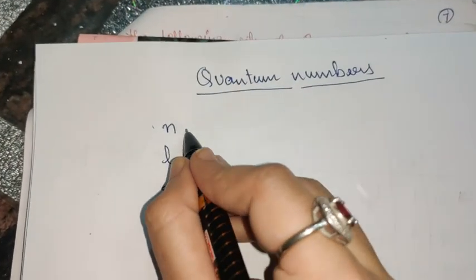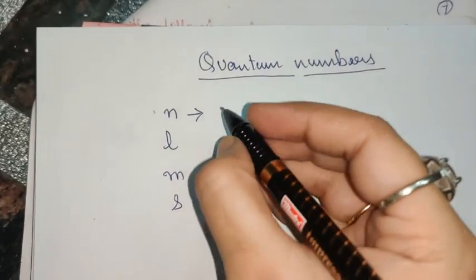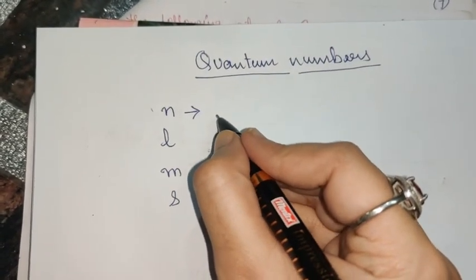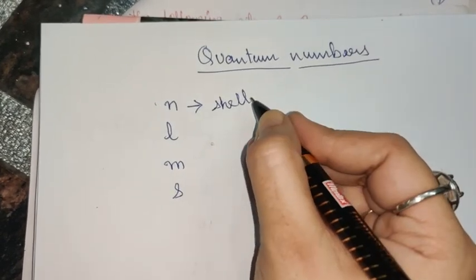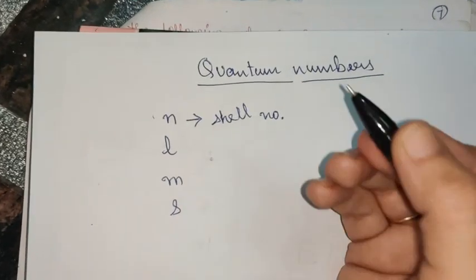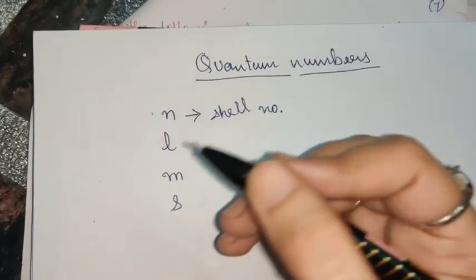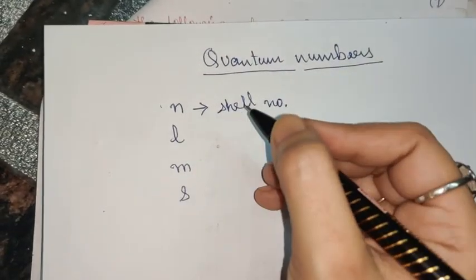So what information do we get from the principal quantum number? We get to know about the shell number, orbit number, or you can say the energy level number, in which the electron is present.